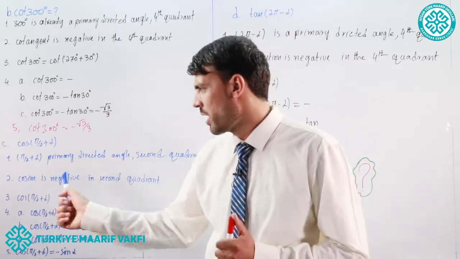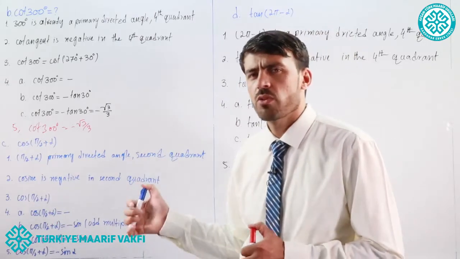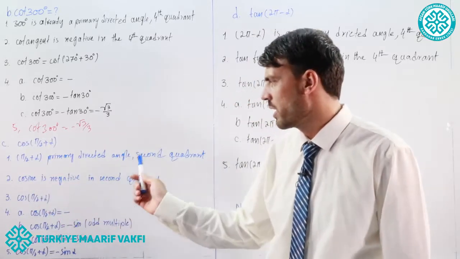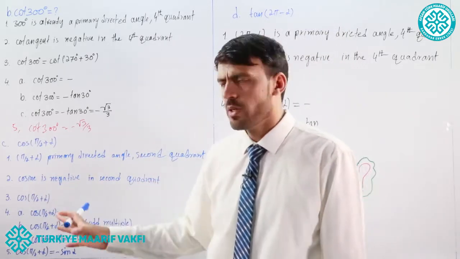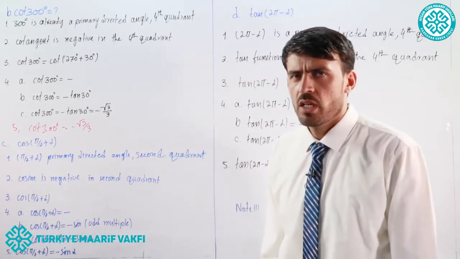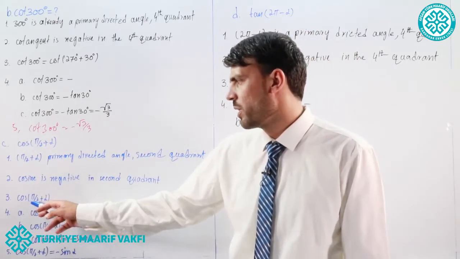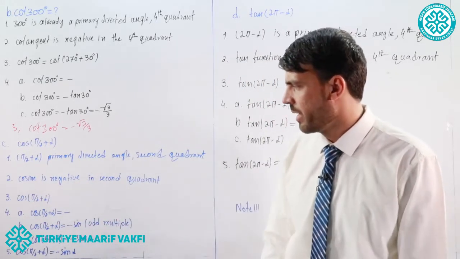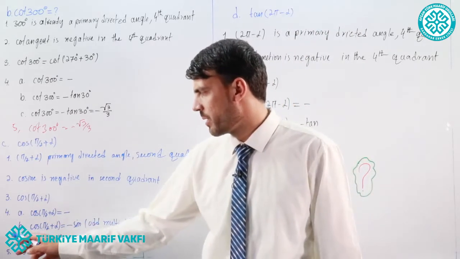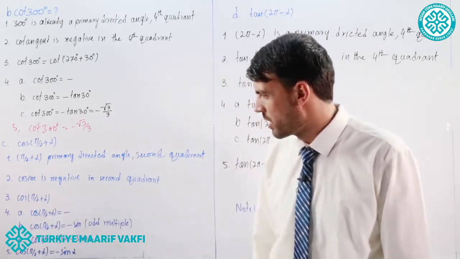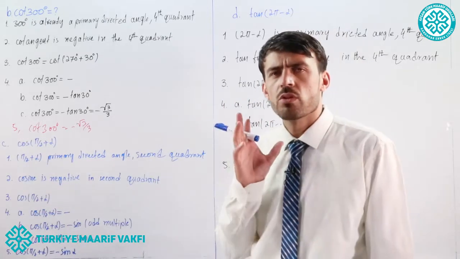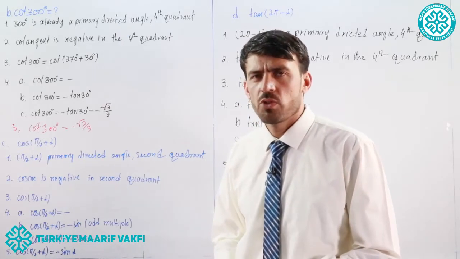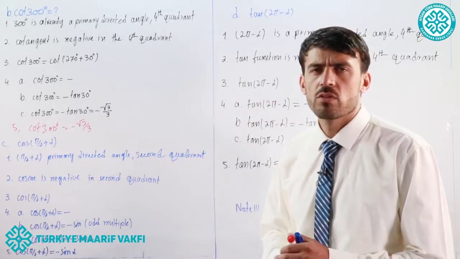In the second step, what is the sign of the function in the second quadrant? The sign of cosine is negative in the second quadrant. In the third step, write the angle as the sum or difference of two angles, which we have written. In the fourth step, use the sign from the second step, and then the second part of the fourth step is whether the angle is an even multiple of pi over 2 or an odd multiple.